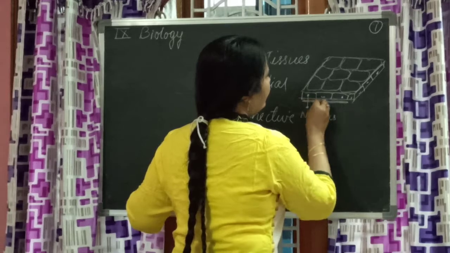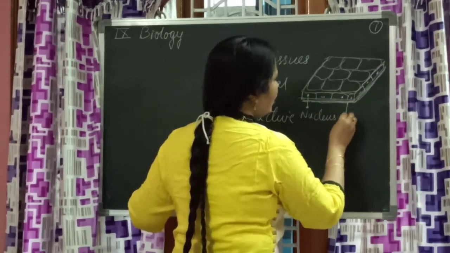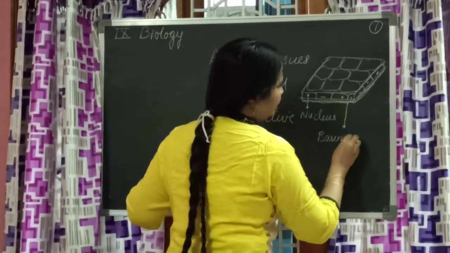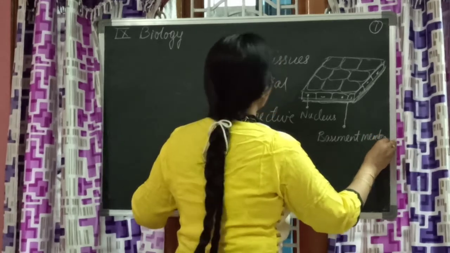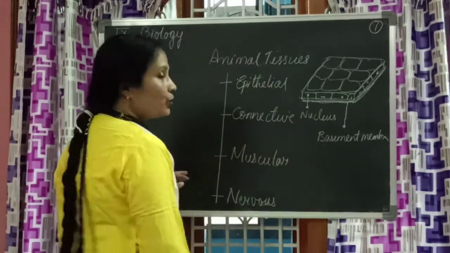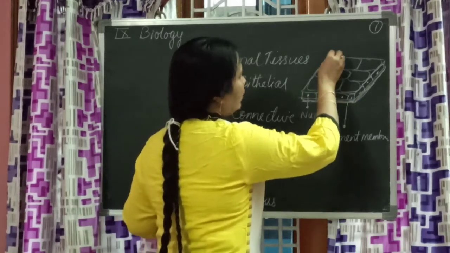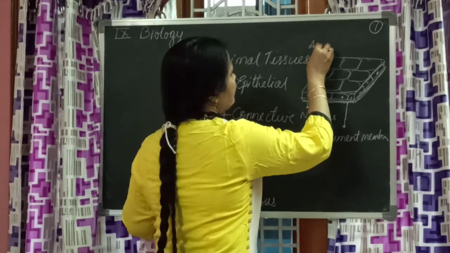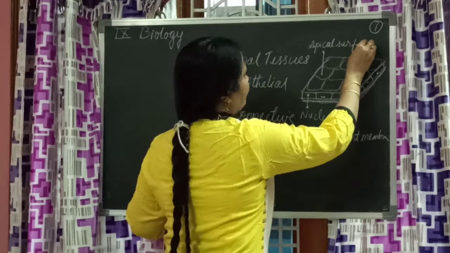And you notice another layer like this, that is called the basement membrane. That means on the basement membrane, these epithelial tissues are present. And this top part is called the apical surface.